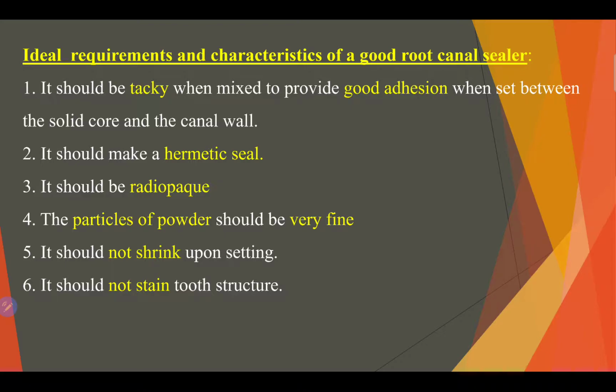So when we use this sealer to fill the gaps and to adhere the solid cones together and to the wall, there must be no spaces, and it makes a very good seal in the root canal, all over the canals, and prevents any spaces or any parts that are not wettable with the sealing solution or root canal sealer.